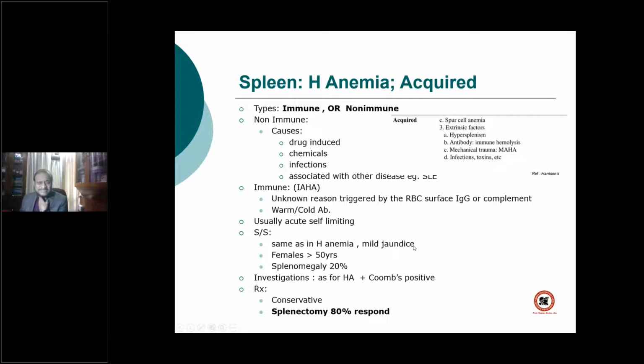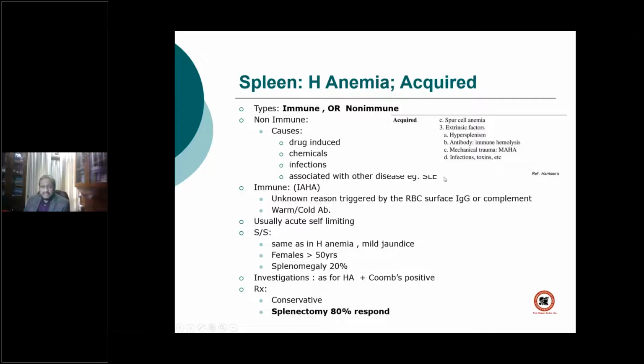Usually acute, self-limiting, so treatment may not be required in this condition. Signs and symptoms are the same as for any hemolytic anemia. Usually females more than 50 years of age. Splenomegaly is in 20%. Investigation is just like for hemolytic anemia. Coombs test is positive. The treatment is usually conservative.